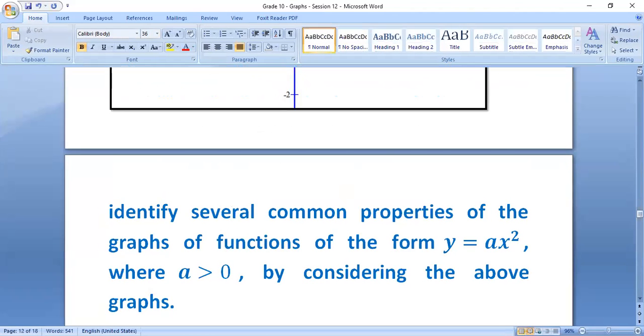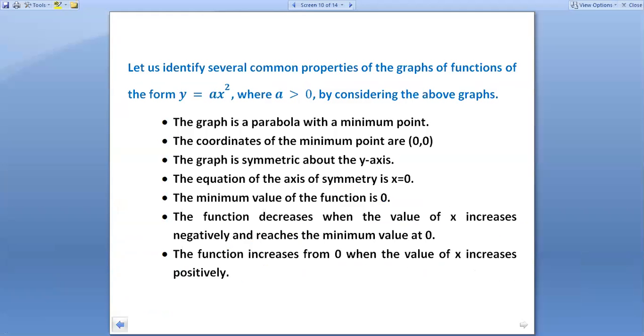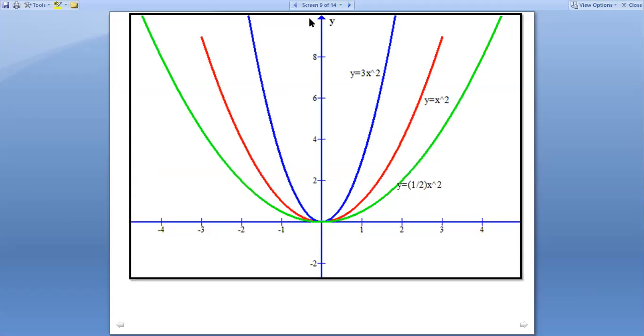That means the minimum value of the function is the minimum value of y, which is 0. In all these three graphs, the minimum value of the function is 0.